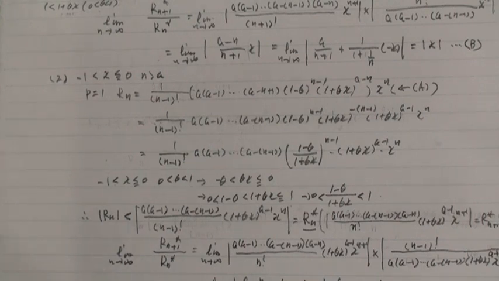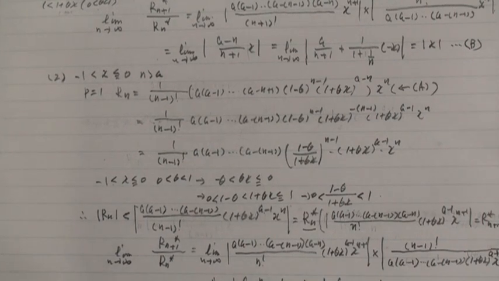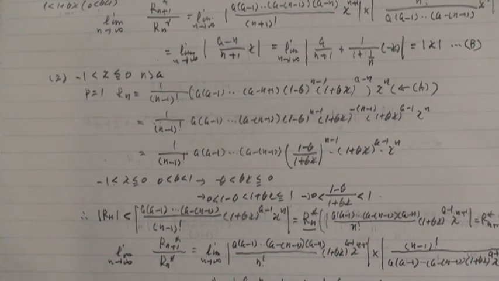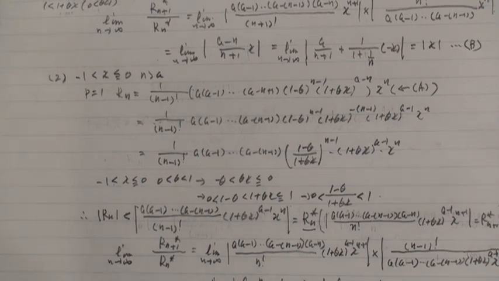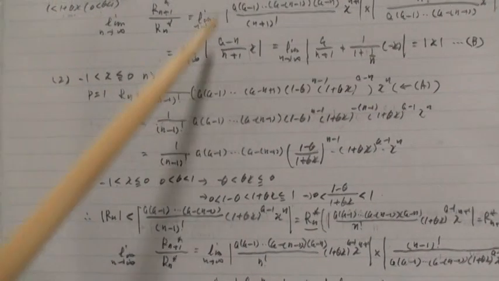And case 2: x is between -1 and 0, or equal to 0, and n greater than a in this case, and p equals 1, and this.